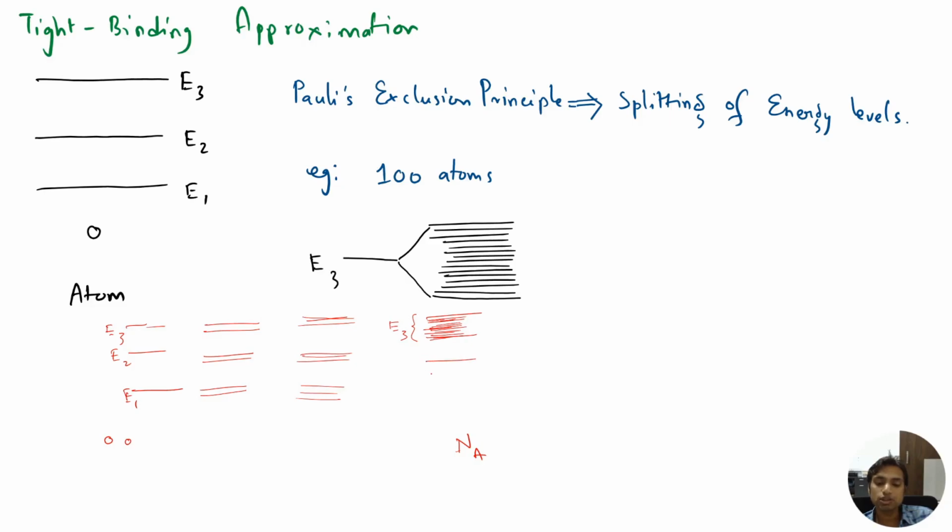You are getting this, right? This is how the band is forming. This is also going to have of the order of Avogadro number of levels. This is the qualitative picture of how band formation takes place when you bring a lot of atoms together.